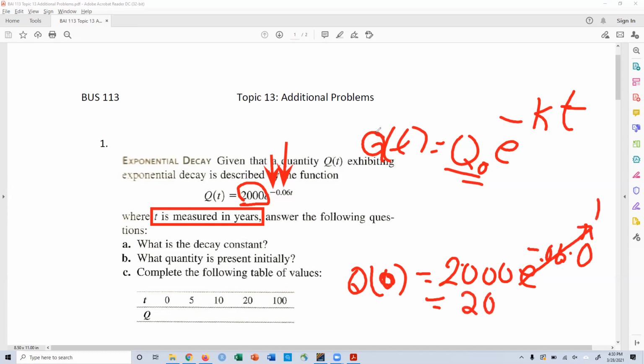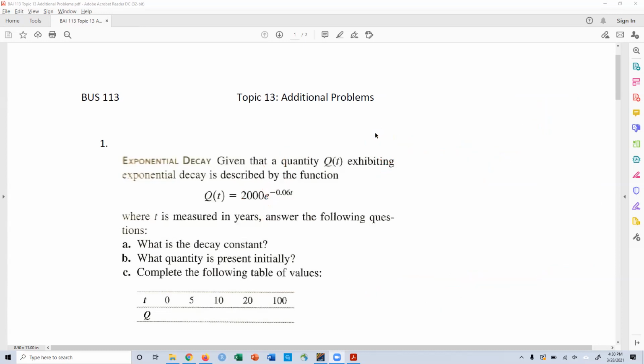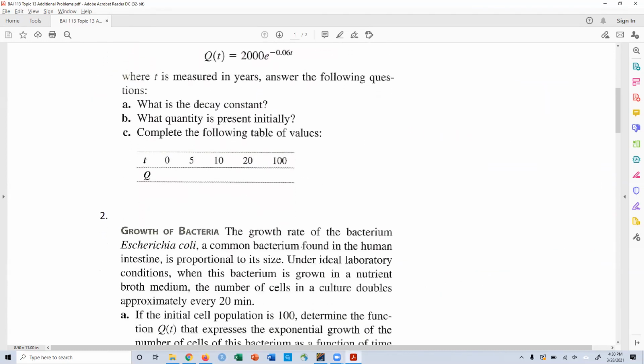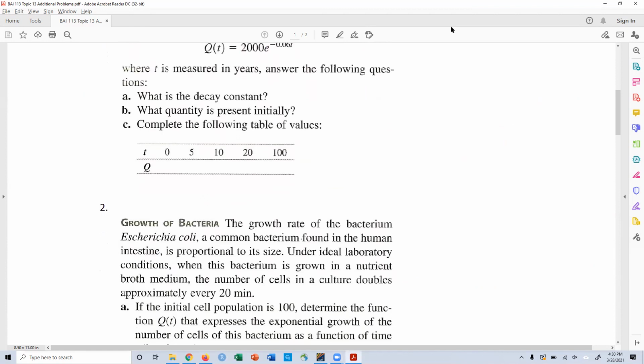So this is just equal to 2000. All right, so we have 2000 for the first one.